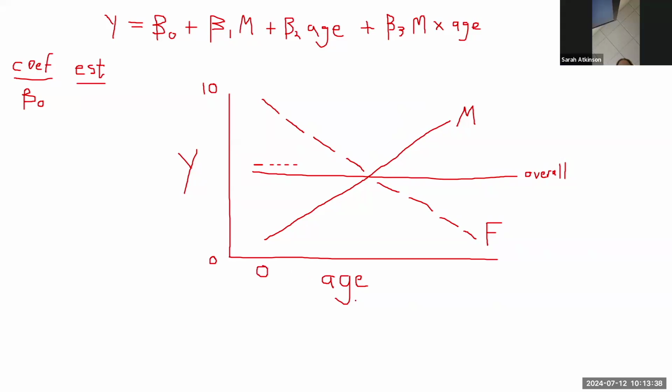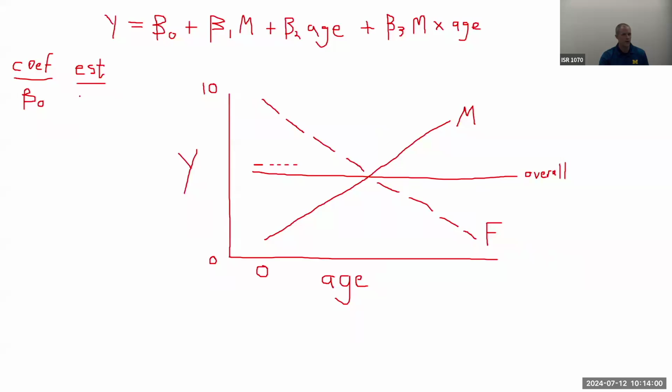So at birth for females, the average level of Y at birth. Right.